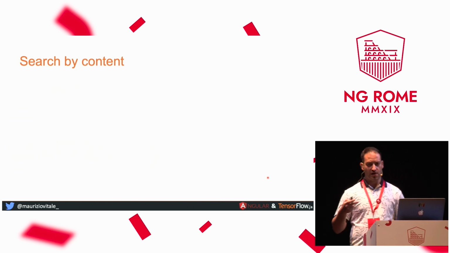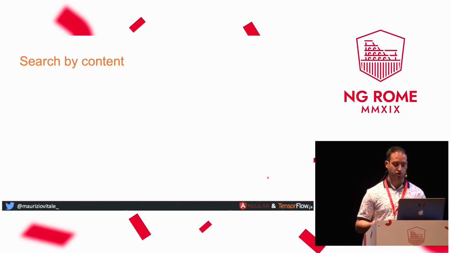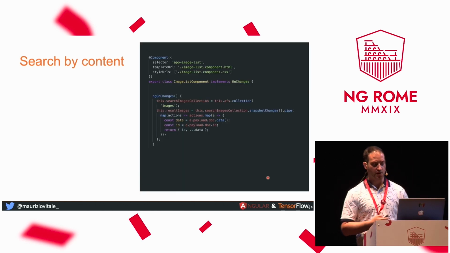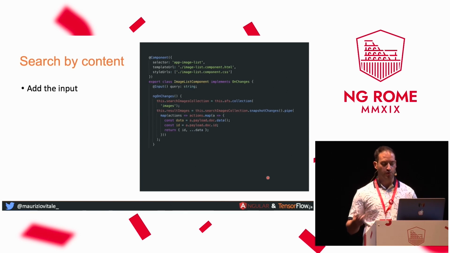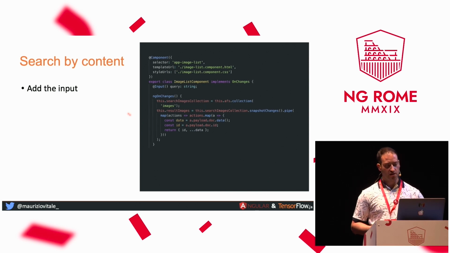Once we have this kind of information on the database, it's easy to filter it based on a key. Here I'm changing a little bit the component that I showed before, and I'm just adding a query parameter. Until now, we were just getting all the items within the collection images.